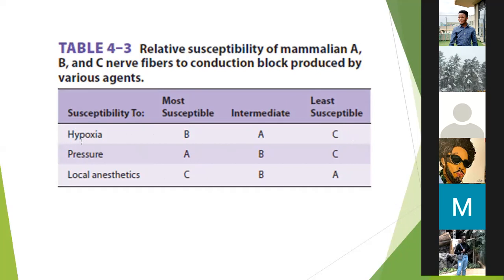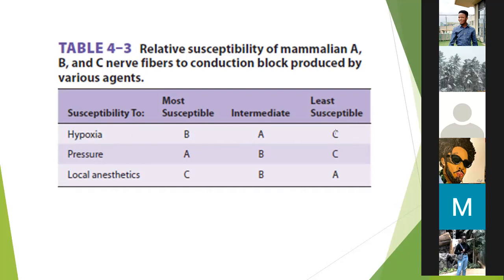So if you look at this sensation here, hypoxia, we have B. That means you just need a little deficiency of oxygen, and you see the B fibers are the ones who will lose functionality.